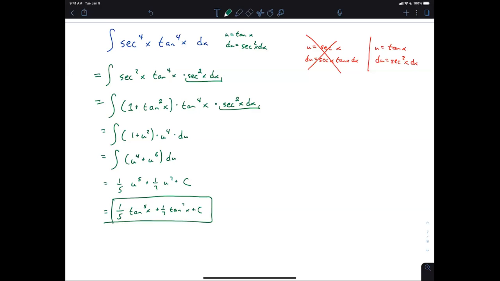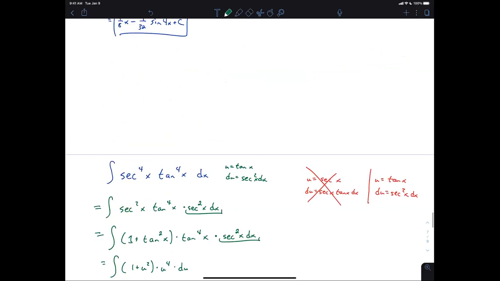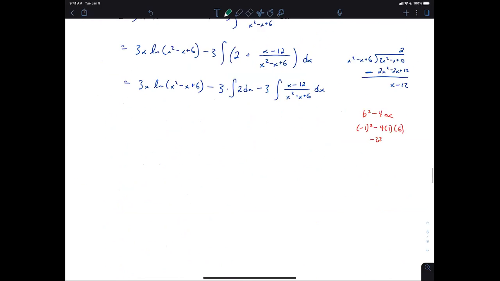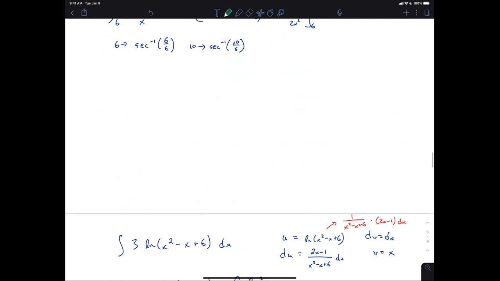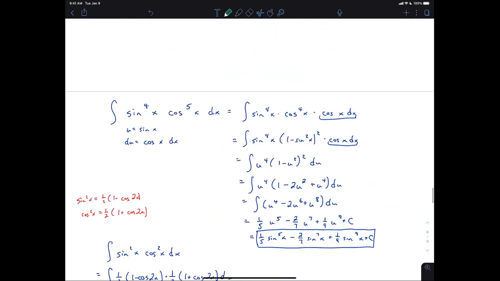There's a couple about trig sub, and then there's a couple about partial fractions. I'm going to try to do one of each of them before the time is up. So let me start with trig sub, and then we'll do a, did we do a trig sub just now? No, we did one. Okay, let me start with partial fractions, then we'll do trig sub if we have time.